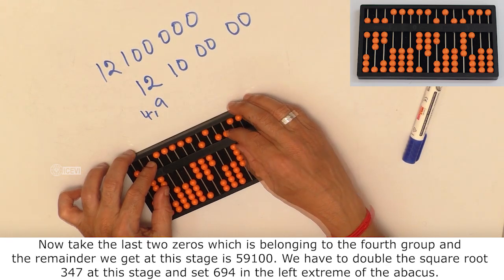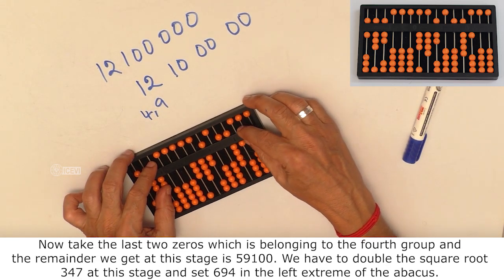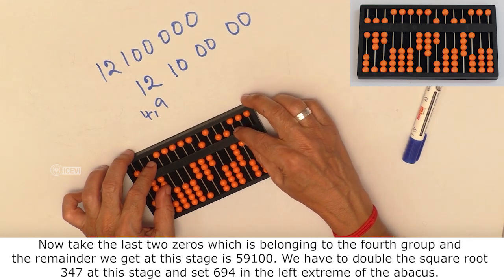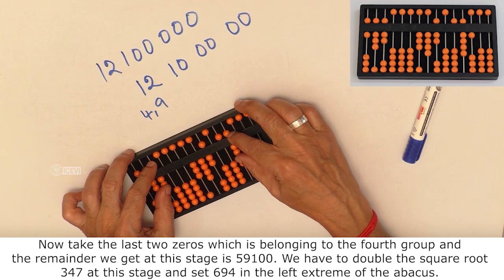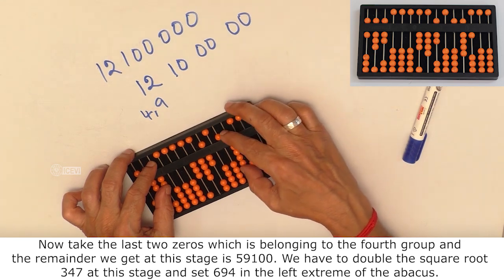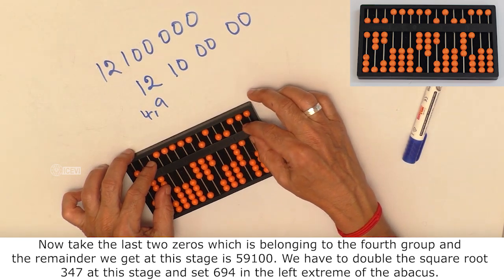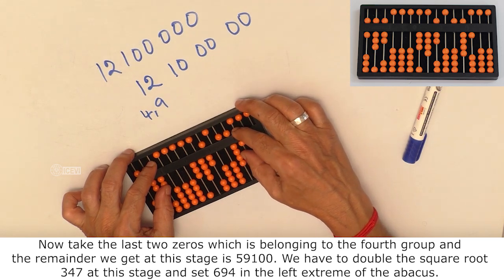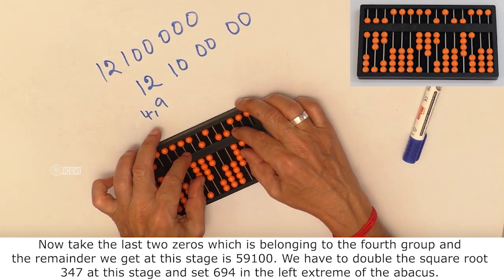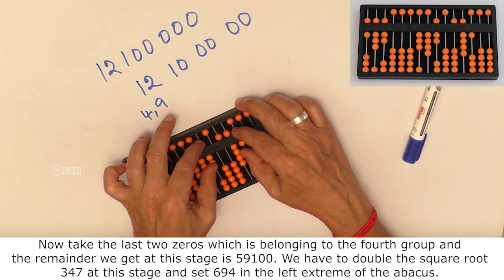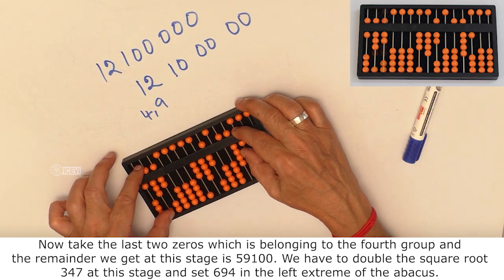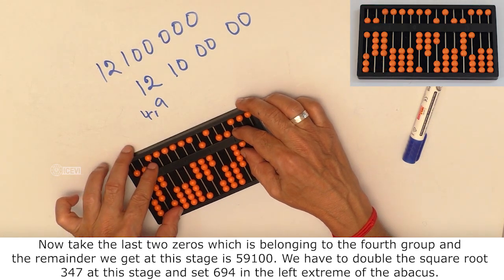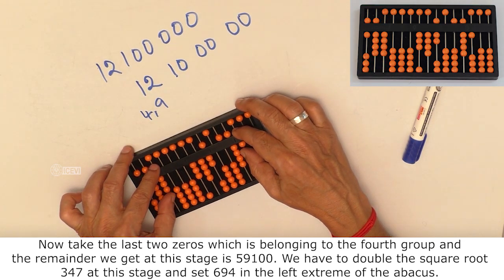Now take the last two zeros, which is belonging to the fourth group, and the remainder we get at this stage is 59,100. We have to double the square root 347 at this stage and set 694 in the left extreme of the abacus.